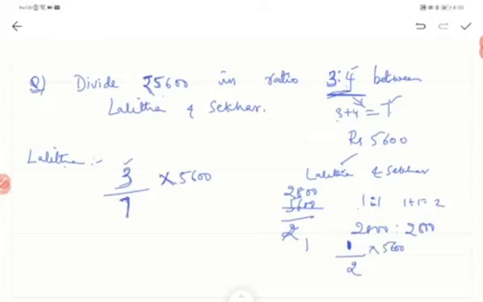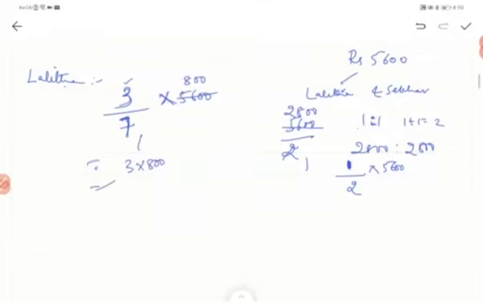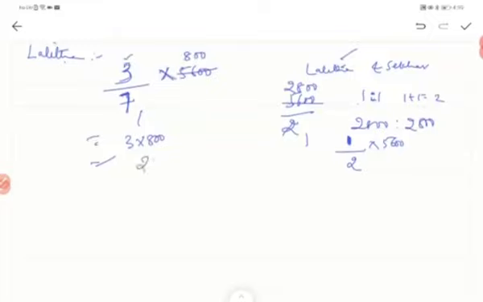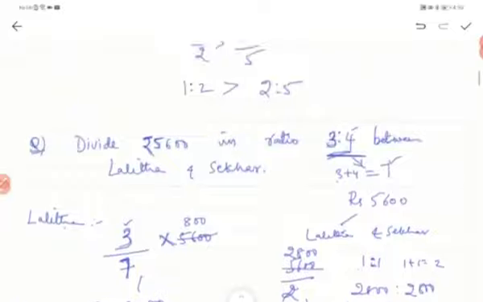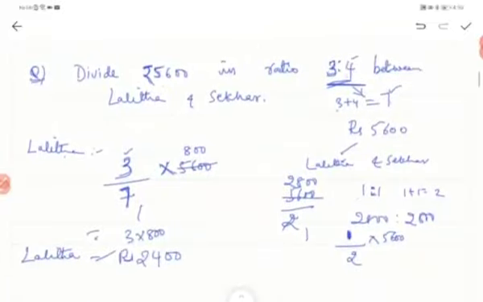Now just simplification. 7 ones are 7, 7 eights are 56, 100 each. So 3 into 800 is how much? 3 eights are 24. 2,400 rupees will be given to Lalita. And how much money should be given to Shekhar?